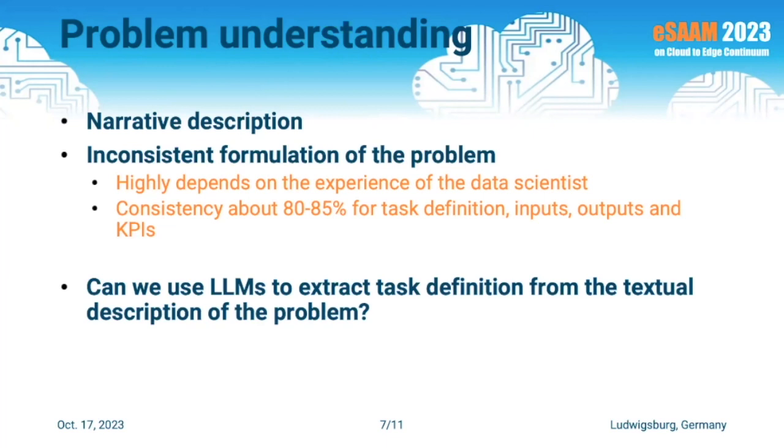And we actually measured this using experiments with the data scientists, that with the same description of the problem, they can actually come up with different data mining tasks. So consistency is about 80–85% between the data scientists, and this really depends mainly on the experience of the data scientists.